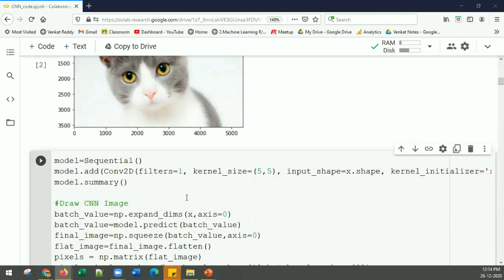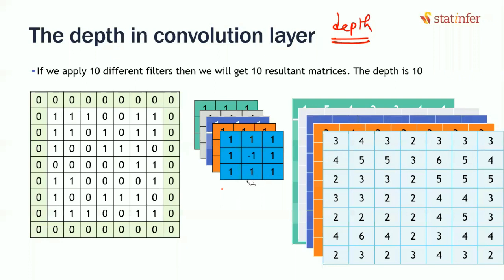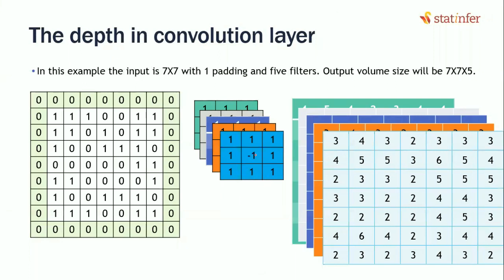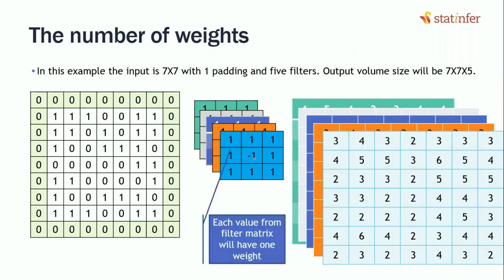Okay. The convolution layer has depth in it. All of you, have you understood the depth of the convolution layer? Each value from the filter matrix is a weight. Those are the weight values, and it will give a convoluted image, and the convolution layer has depth in it. Are you with me?